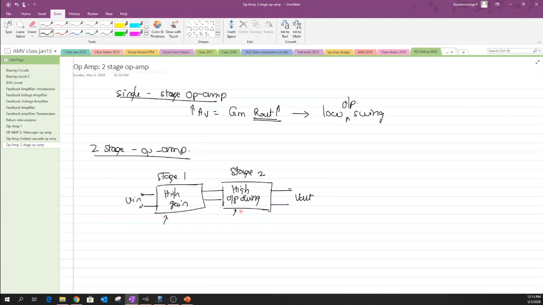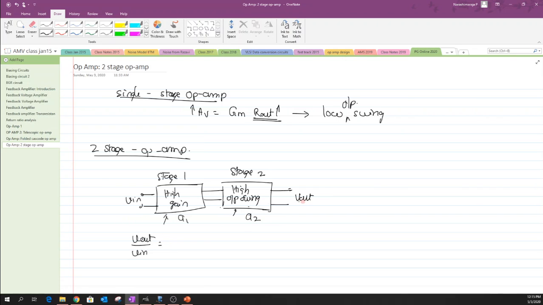Now let us look at a circuit configuration where we have both these structures implemented at transistor level. But before I discuss that, I just want to talk about the gain of this particular op amp, that is the gain between this V out and this V in. Since there are two stages, each of these stages will have a nominal gain, and let me denote the first stage gain as A1 and the second stage gain as A2.